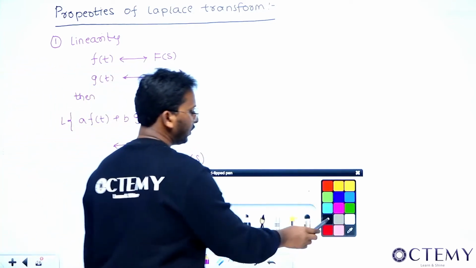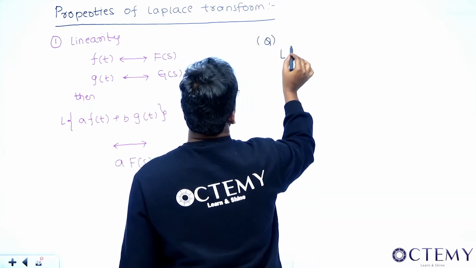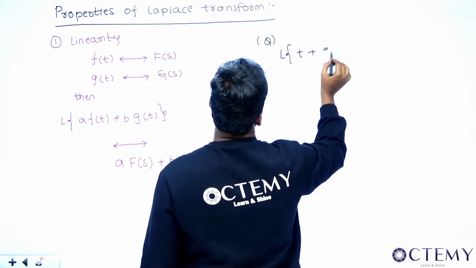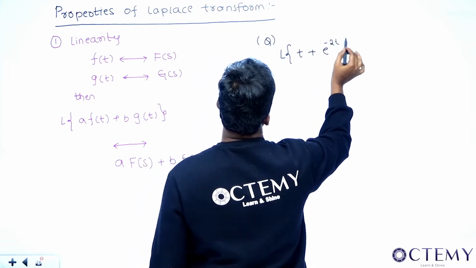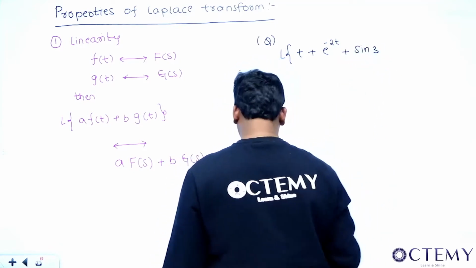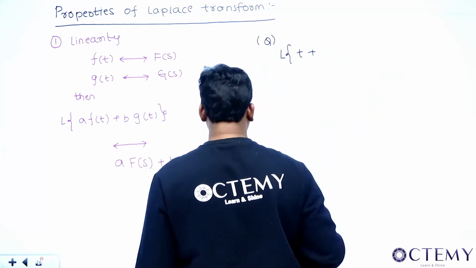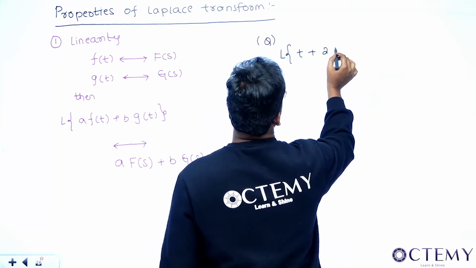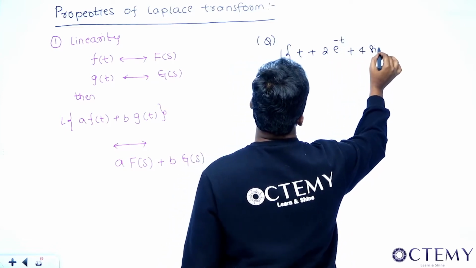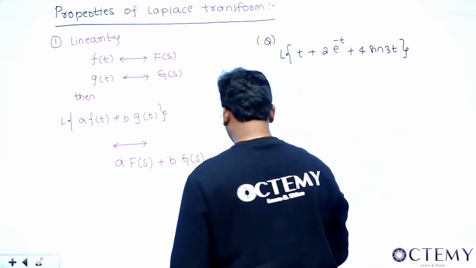That means if I ask you a small question on this, sir, what is the Laplace of t plus e power minus 2t plus sine 3t? Or let me just change it to t plus 2 e power minus t plus 4 sine 3t, right? u(t). For everyone, there is u(t) also there.